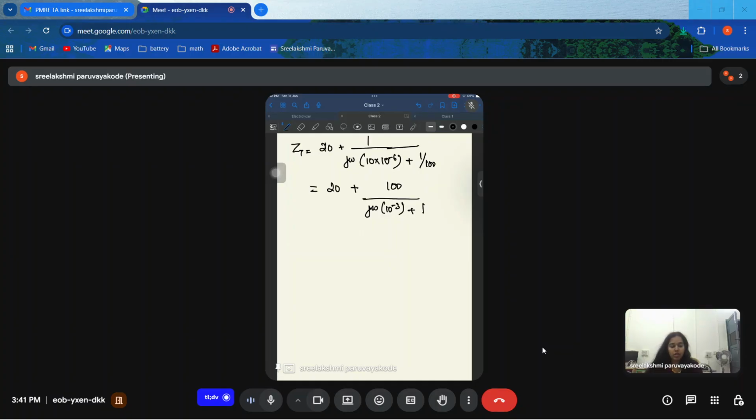So how do you actually normalize? So I want to remove this j from here. What can I do? I can multiply by the conjugate in the numerator and denominator. How do I do it? 20 plus 100 into 1 minus 10 to the power minus 3 j omega, over 1 plus 10 to the power minus 3 j omega times 1 minus 10 to the power minus 3 j omega.